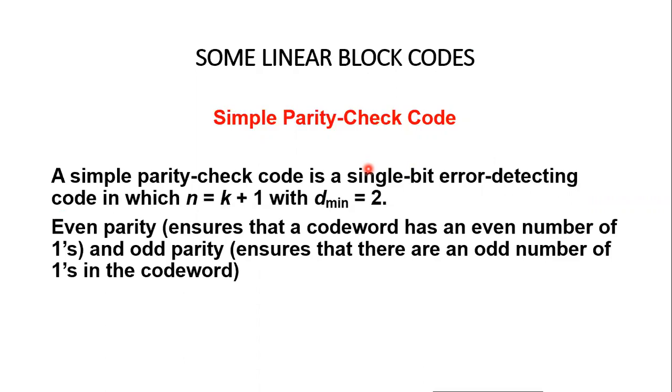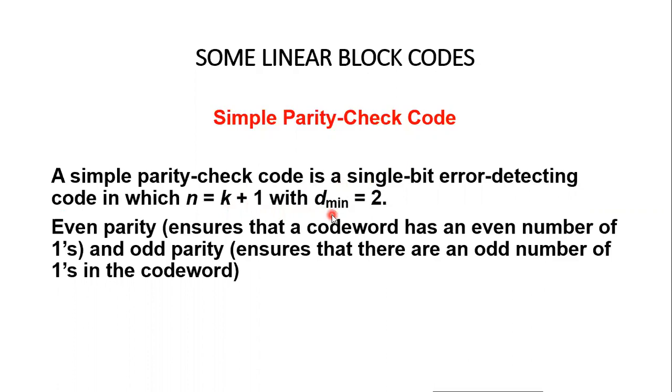In this code, a k bit data word is changed to an n bit code word, where n equals k plus 1, with a minimum Hamming distance of 2.